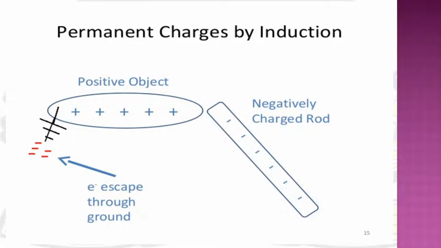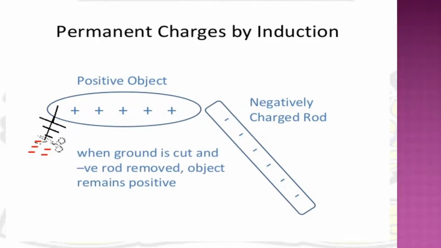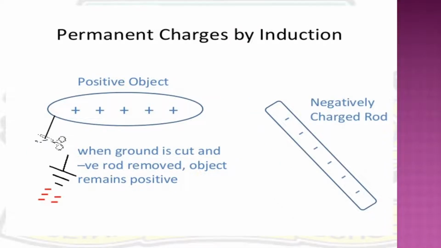You can see here that because of grounding, the charges escape through the ground, and the neutral object now becomes positive. And when the ground is cut and the negative rod removed, the object remains positive.